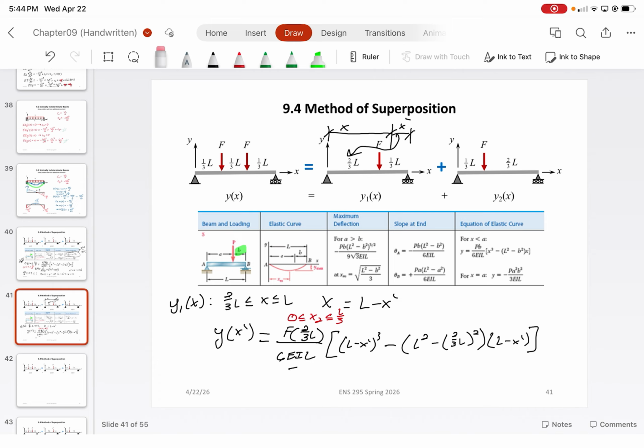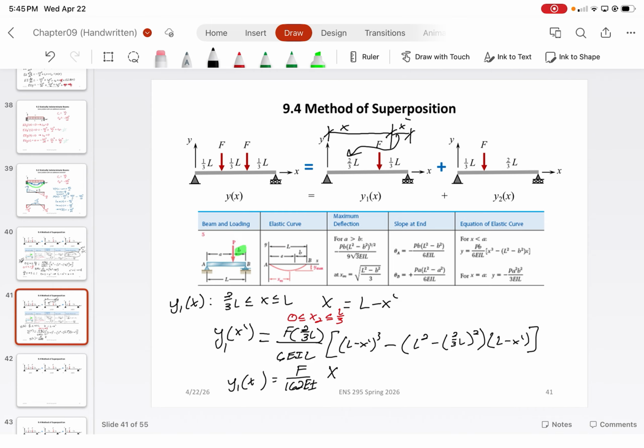let me actually not show the step. So we've got y1 of X prime, which is equal to F over 162 EI times X. No, wait, where am I? Oh, I hate this. They don't show it.